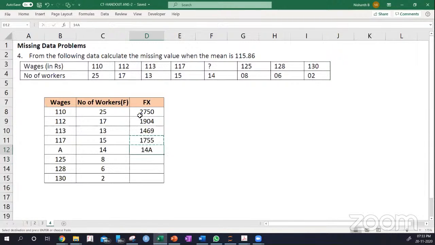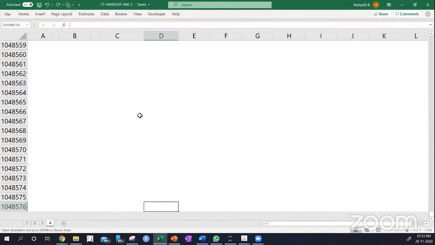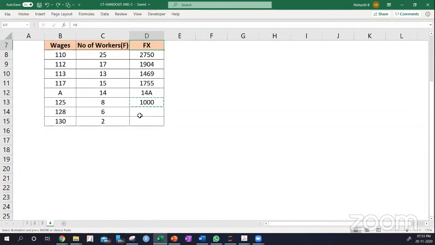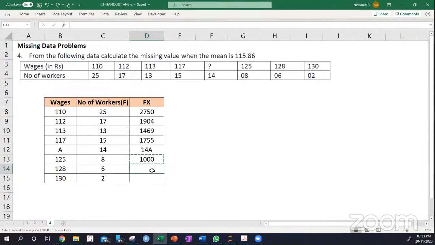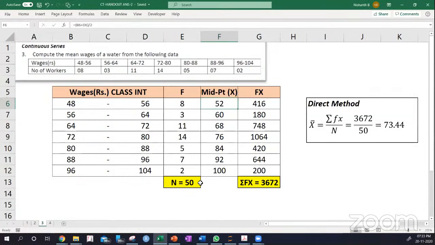And then it is 125 into 8, 128 into 6, 130 into 2. So now I get n, I get summation fx.